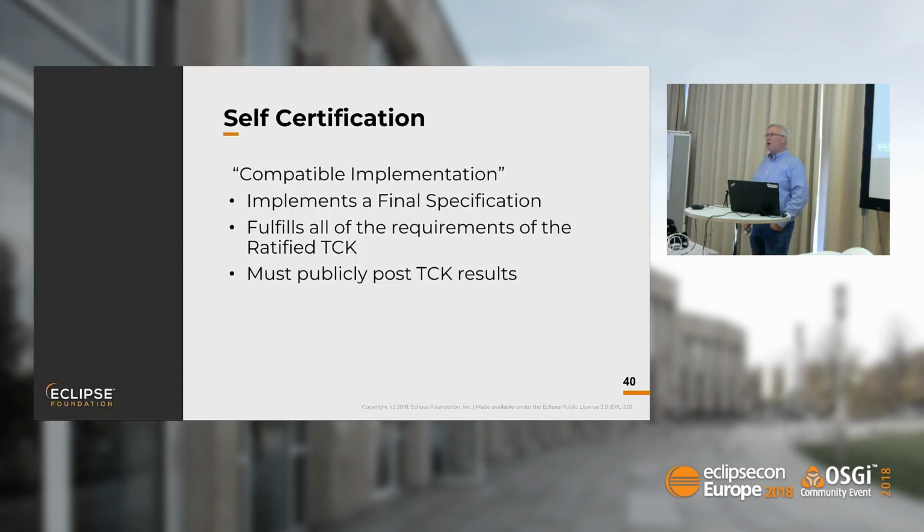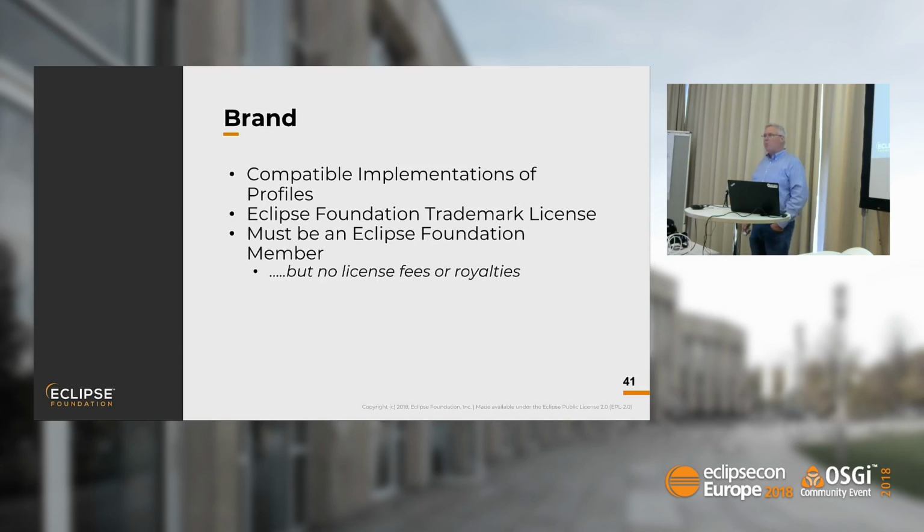And then there's a self-certification that happens: if you fully implement the final specification, fulfill all the requirements, and publicly make available your TCK test results, then you can make truthful claims about compatibility. And then one of the biggest differences, last slide, is around the brand, right?